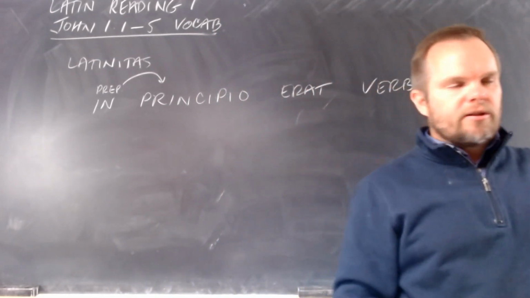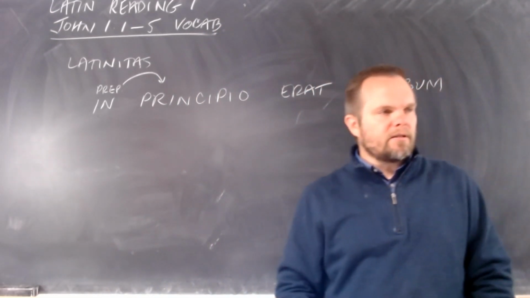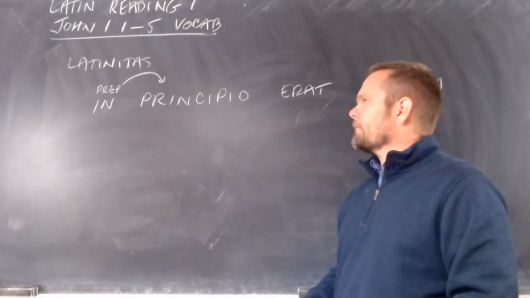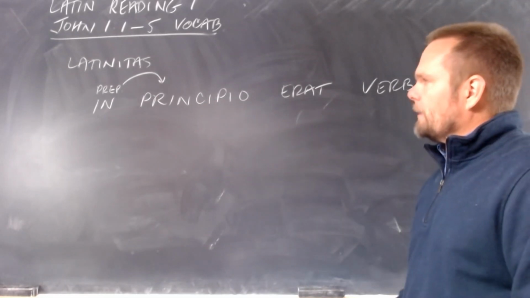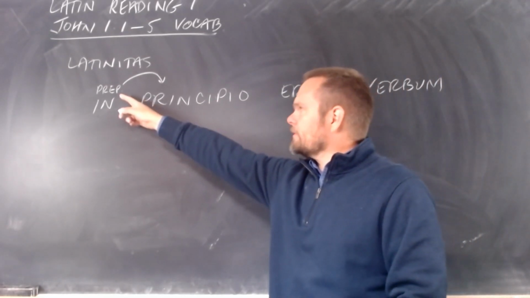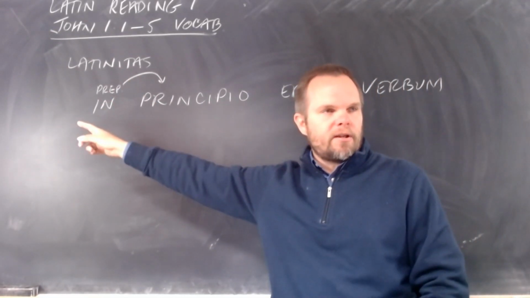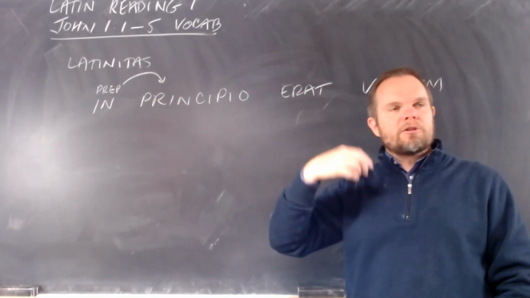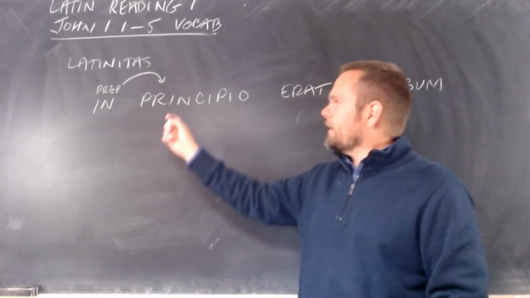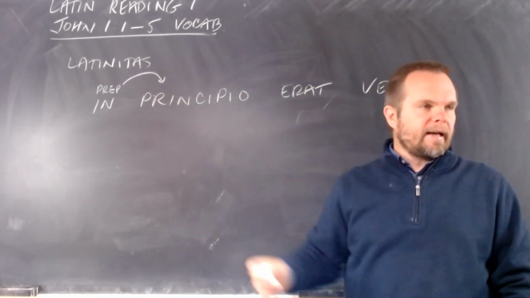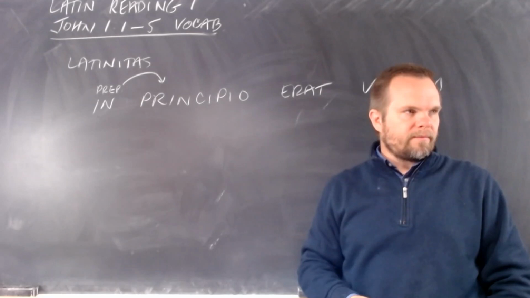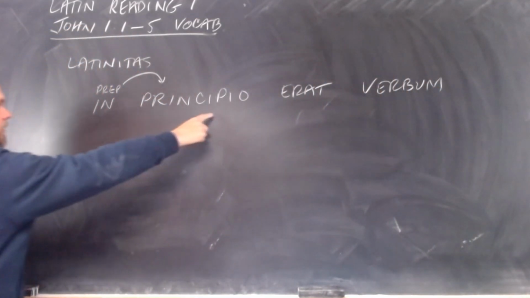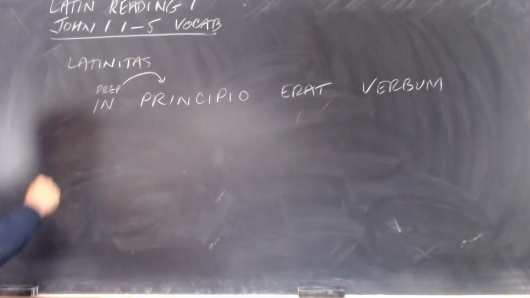Anybody can just dum-dum their way through the translation. You have to understand more of the language. Pay attention to this. In is a preposition. When we learn about prepositions, we learn that prepositions are set before a noun, and they express a relation between this noun and the other nouns of the sentence. All right? So, principio is the noun that's related to this preposition.